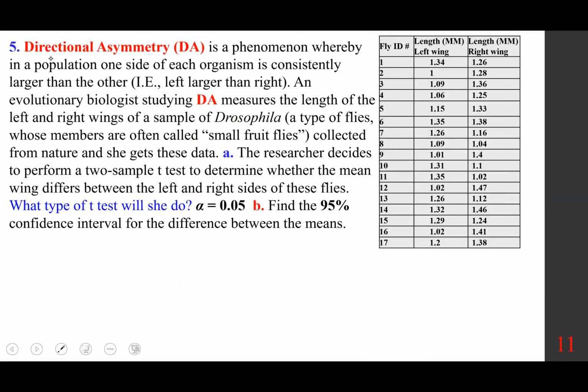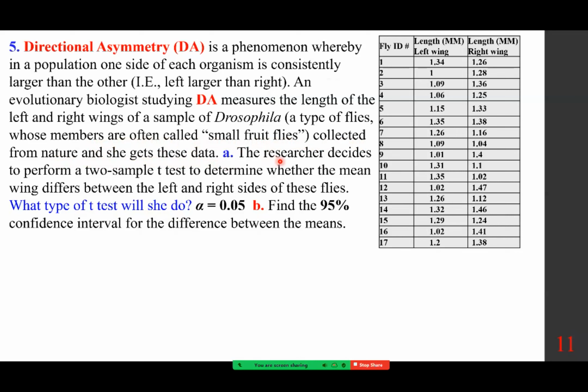All right. Could somebody read this, please? Directional asymmetry is a phenomenon whereby in a population, one side of each organism is consistently larger than the other, i.e. left larger than right. An evolutionary biologist studying DA measures the length of the left and right wings of a sample of Drosophila, a type of flies whose members are often called small fruit flies, collected from nature, and she gets these data.